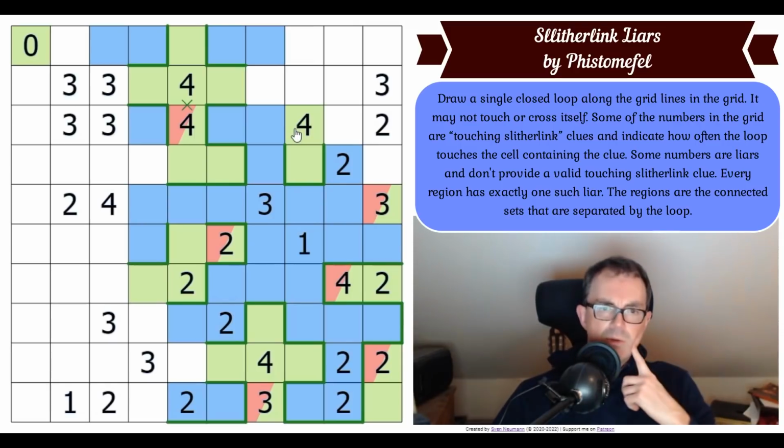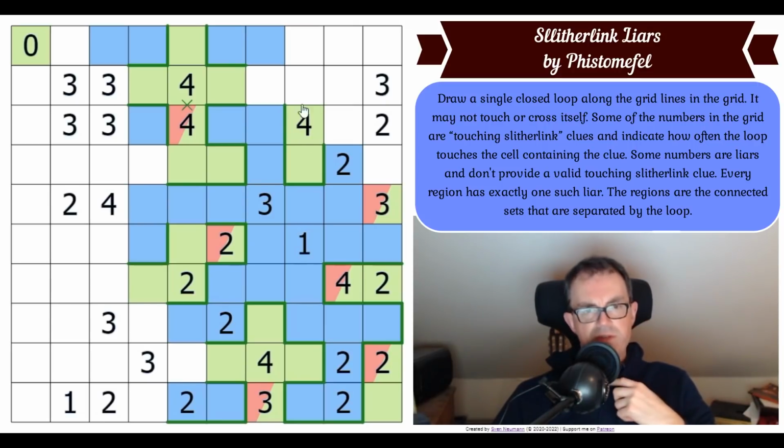Oh, do we know now whether this is true or not? This is not true. So if this is not true, we can give it a redness. And that means, I think, that this has to be blue. Otherwise, again, we've got this connectivity issue.